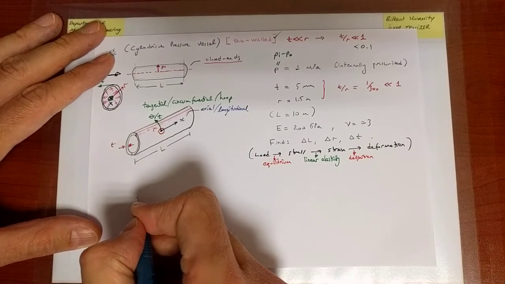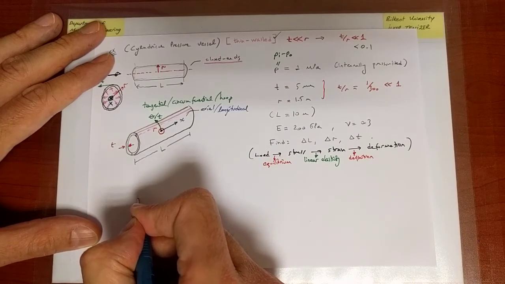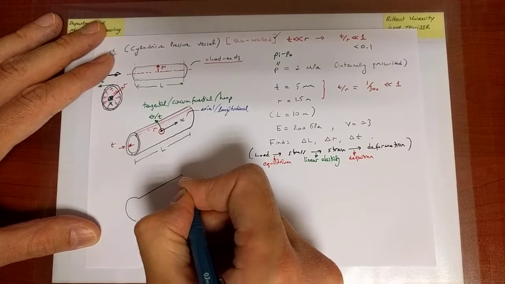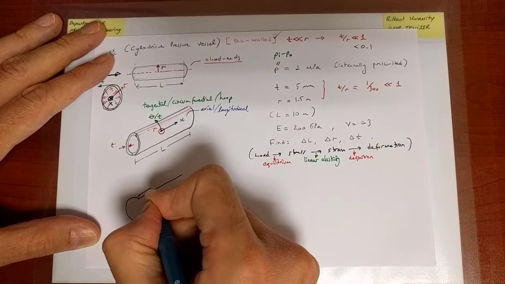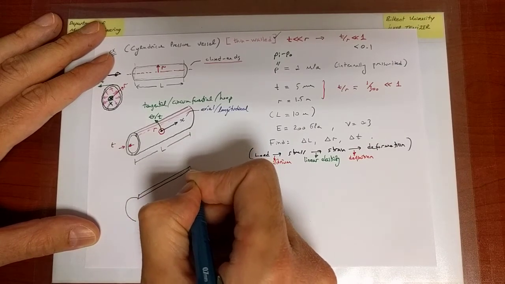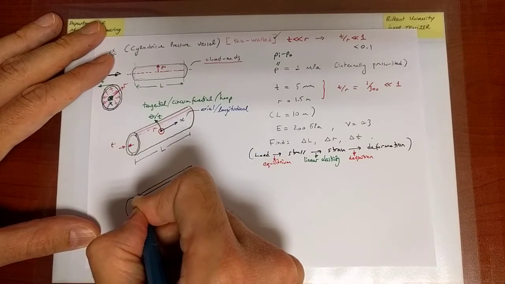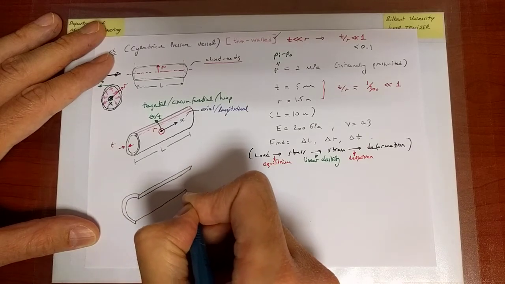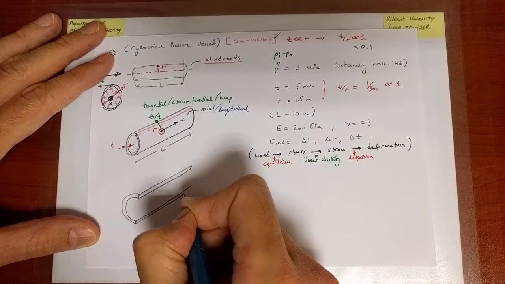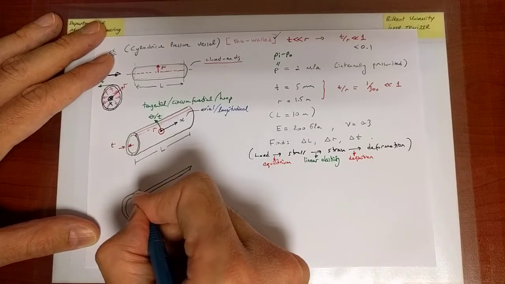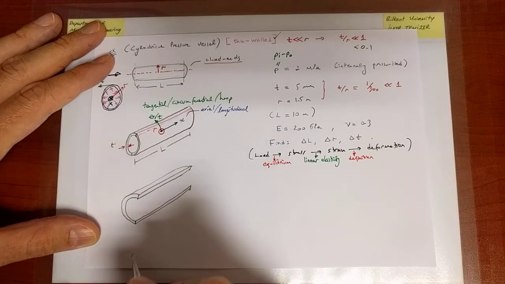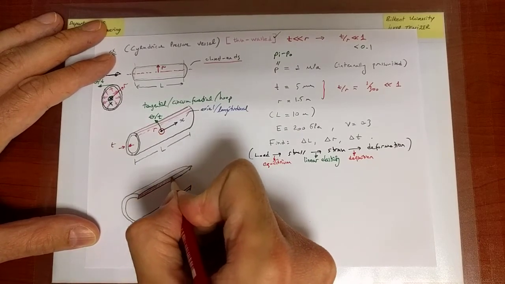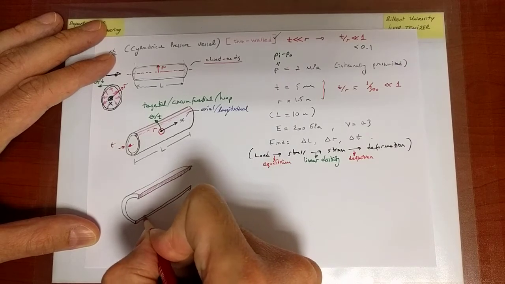So the first step in my solution is this depiction of what I see. This red surface is where I sliced through the pressure vessel.